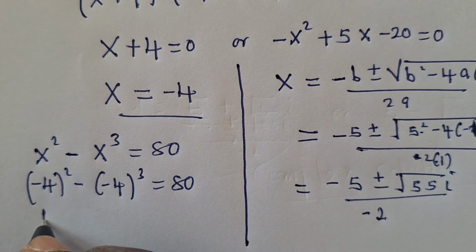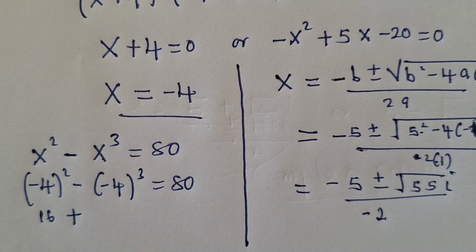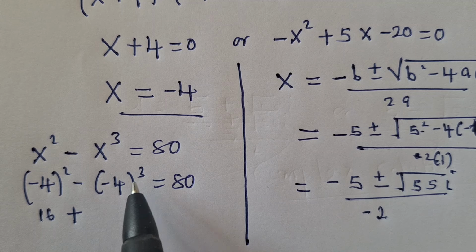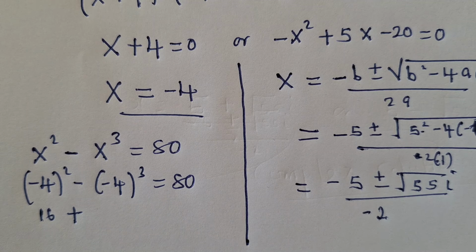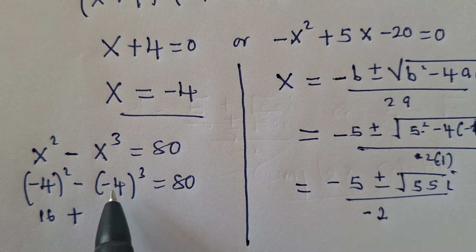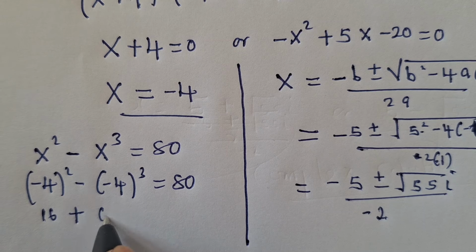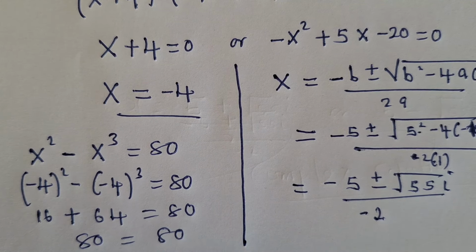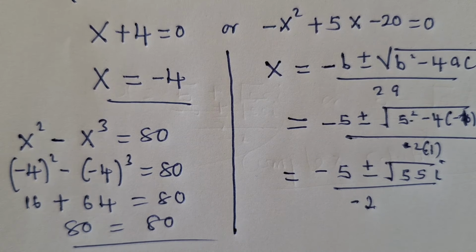So this is giving us 16 plus, and (-4)^3 is of course giving us negative 64. So negative and negative will give us a positive 64. 16 + 64 equals 80. Then 80 equals 80 right here. So this is our answer. Thank you, and bye-bye.